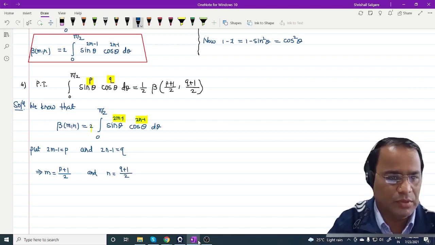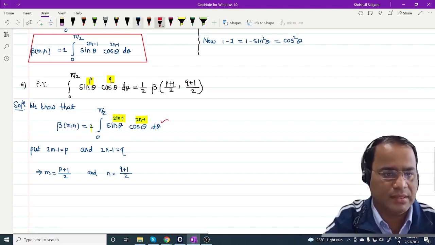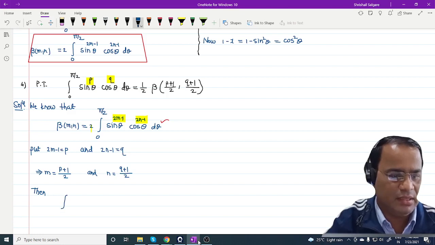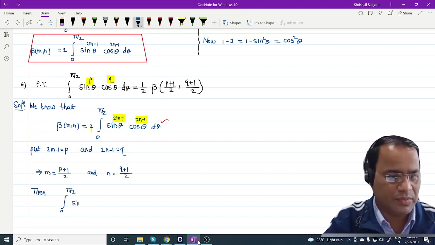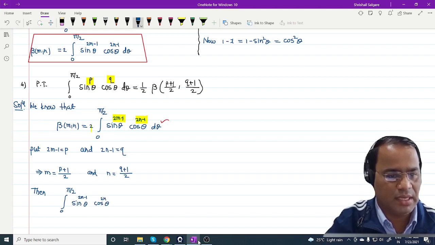Therefore, I will continue with the right side. The given integral can be written as, the limits remain same, integral 0 to pi by 2 sine theta raised to 2m minus 1 and cos theta raised to 2n minus 1 d theta.